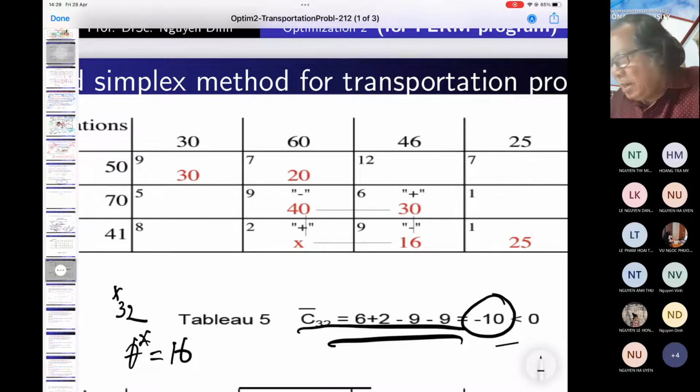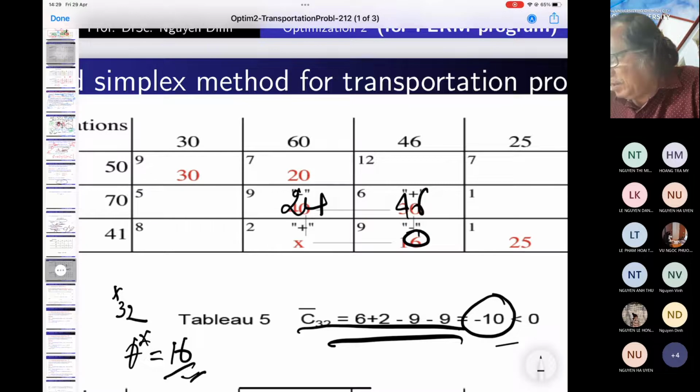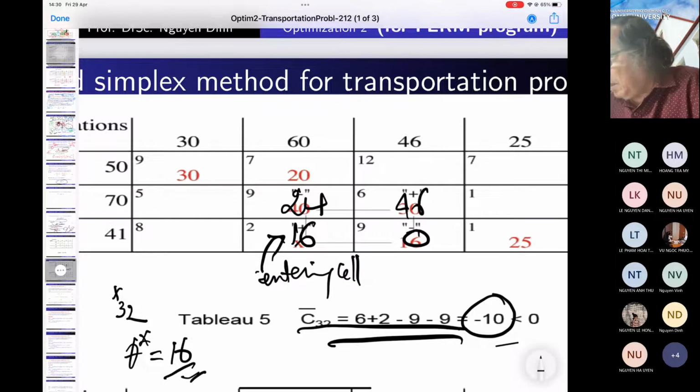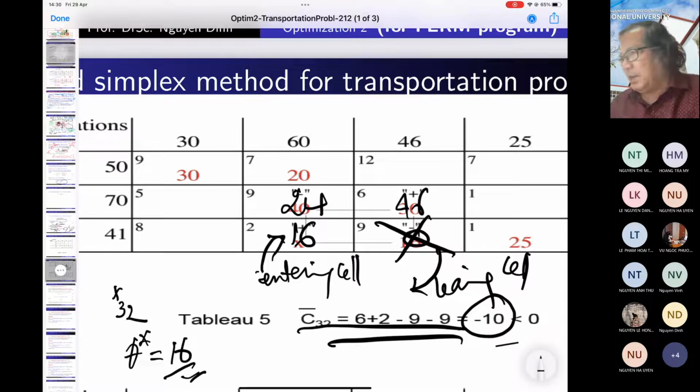Is that okay? And theta star is 16, so you subtract 16 and it becomes 0, and this plus side becomes 24, and this becomes 46. This becomes 16. Is that okay? And this is the entering cell, and this is deleted, and this becomes the leaving cell. Is that okay?